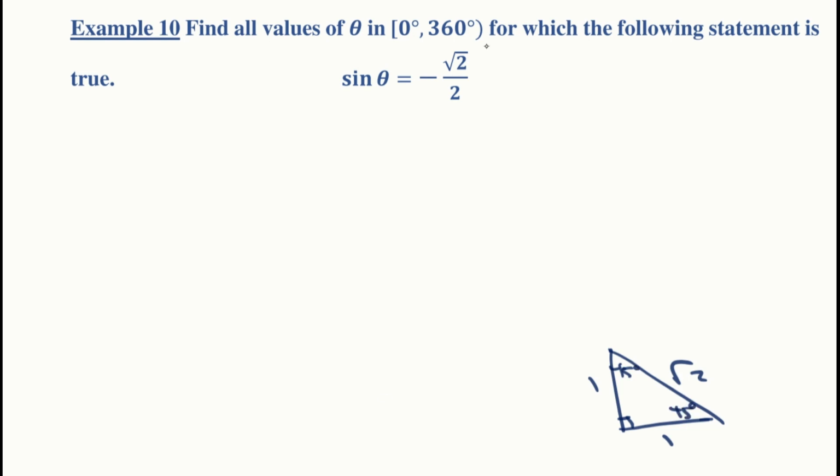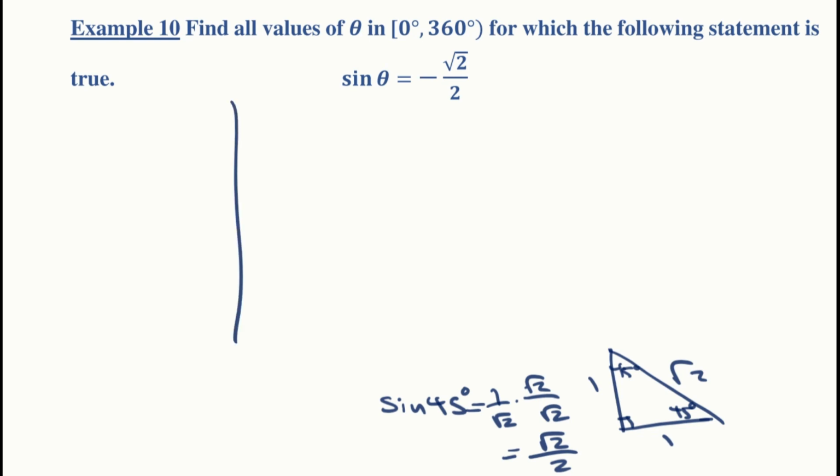So sine of 45 is, we can use either of the 45-degree angles and we get opposite over hypotenuse, so 1 over square root of 2. If we rationalize, however, we get square root of 2 over 2. So we're looking for relatives of a 45-degree angle as we go around the circle once.